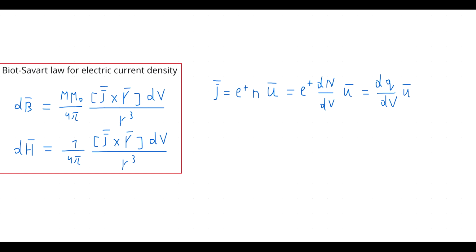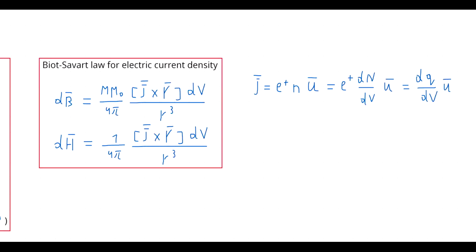Okay, and we can make a substitution, and from this we will obtain that dB is equal to mu 0 divided by 4 pi.